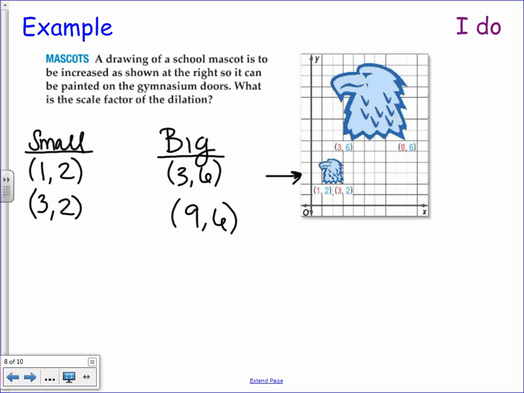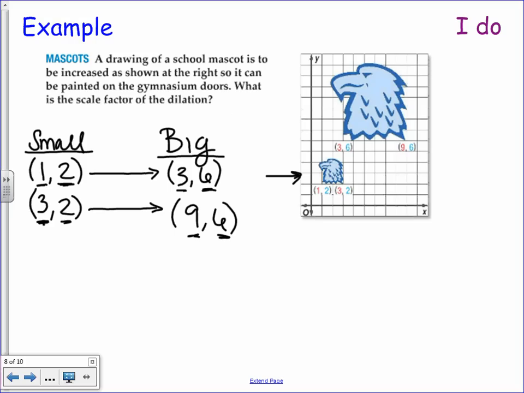Now let's look here. If I go from small to big, what do I need to multiply this X by to get to this 3? Okay, if you can't see it there, what would I multiply to get from this 2 to this 6? Still can't see it? Let's try this coordinate. What would I multiply by to get from this 3 to this 9? Or this 2 to get to this 6?